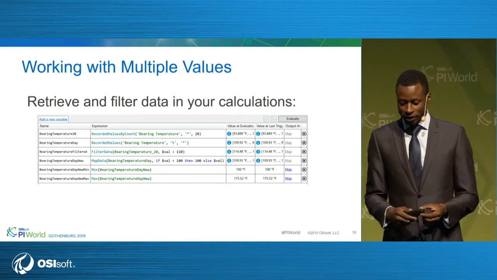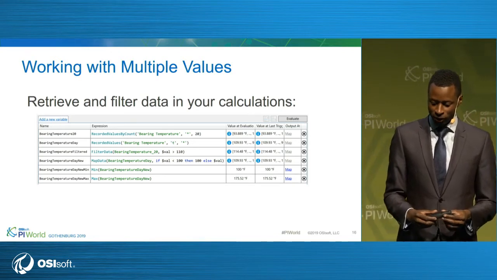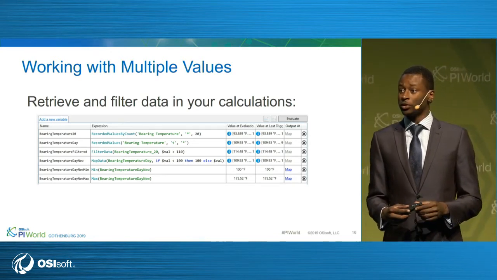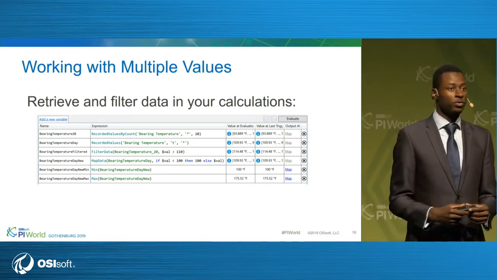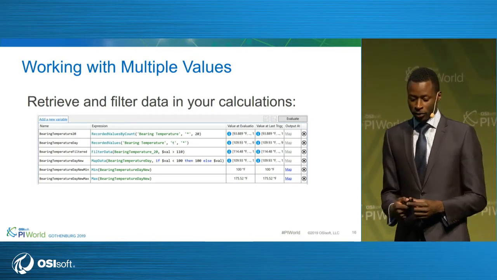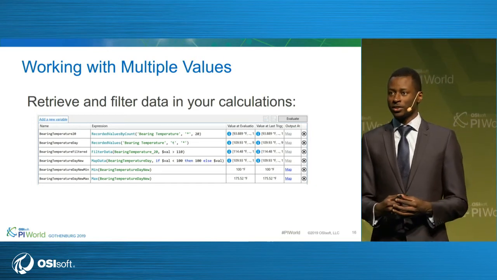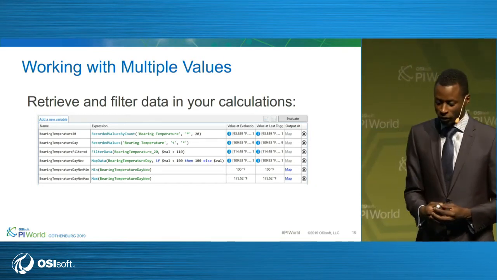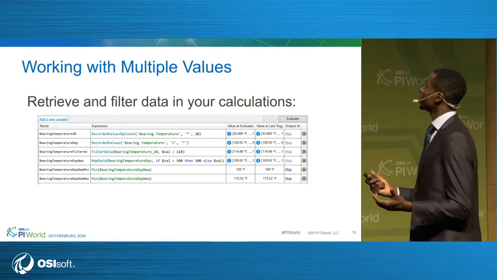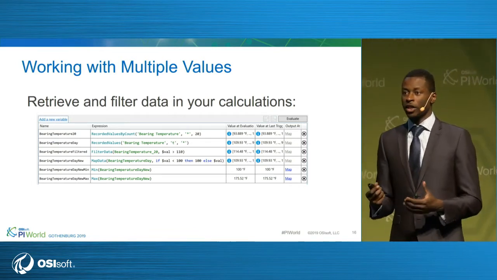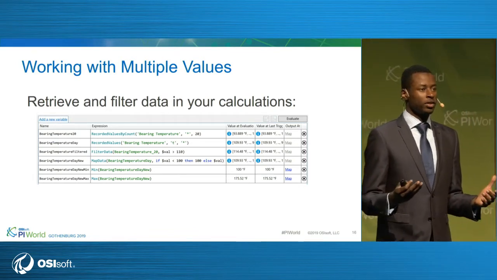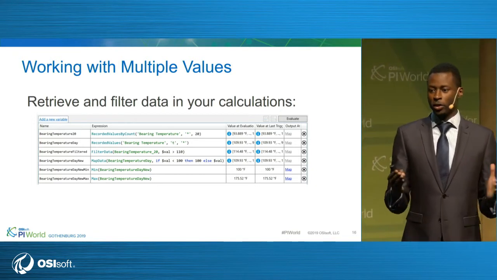The next one here is, again, a fairly new feature, which allows you to use asset analytics to work with multiple different values. Here we are able to retrieve and filter data in your calculations. We're using functions such as recorded values by count or recorded values to bring back an array of data over a set time range.